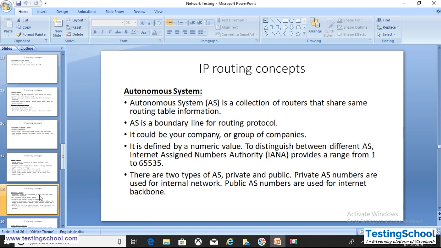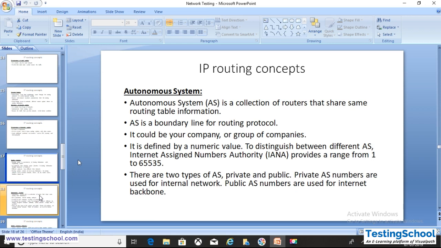A routing protocol mostly will work within an autonomous system, but as I told, it is mostly, not always. But autonomous system is one thing which defines a boundary for a routing protocol. An autonomous system can be a company or a group of companies.